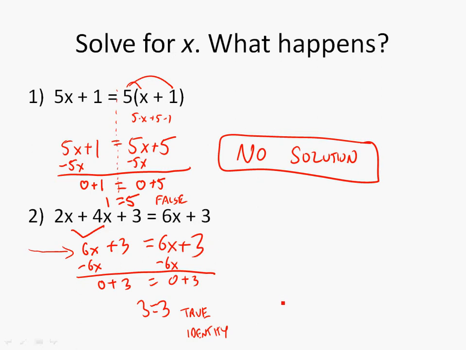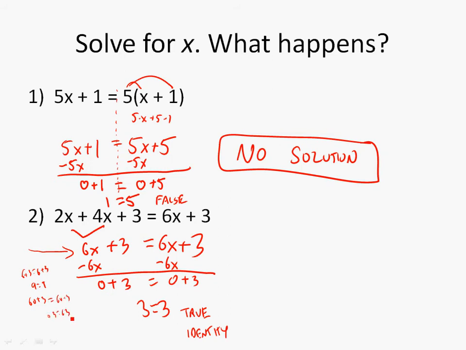This is always going to be true. It's kind of common sense. If you look at this, this is the same equation on both sides. So any number I plug in is going to work. If I plug in 1, it's 6 plus 3 equals 6 plus 3, or 9 equals 9. If I plug in 10, it's 60 plus 3 equals 60 plus 3, or 63 equals 63.